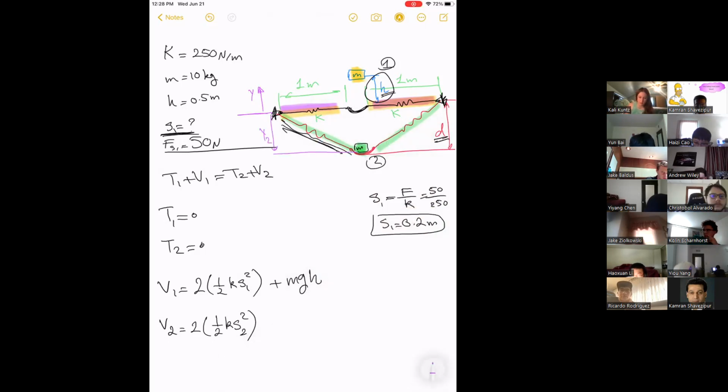How much is Y2? Hi Z, how much is Y2? Let's see, Y2 is D. Is equal to D. We need to determine that. Yes. So you're going to get, is it plus or minus?